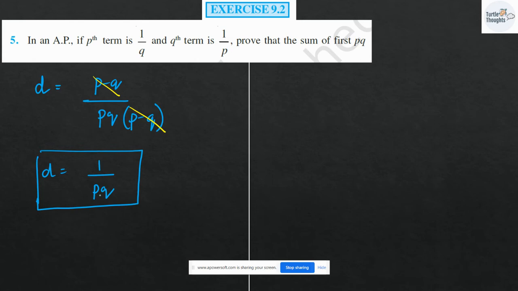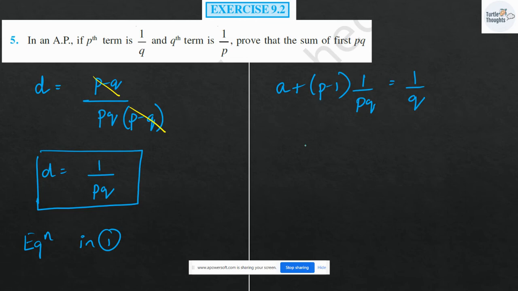Next, I can use the same thing in your equation number 1. If I do that, I will be getting A into P minus 1, right? Yes. Into P minus 1 multiplied by PQ. This is going to be equal to 1 by Q. So what is going to be your A?